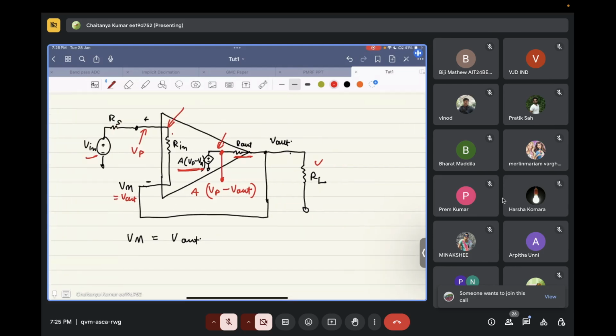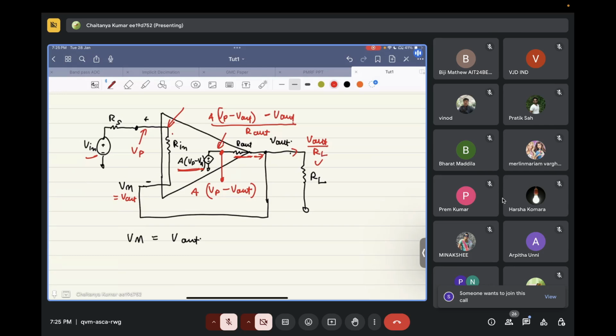the current that will be flowing out of the op amp will be A times Vp minus V out, minus V out by R out. And what will be the current flowing in this direction? This will be V out by RL.